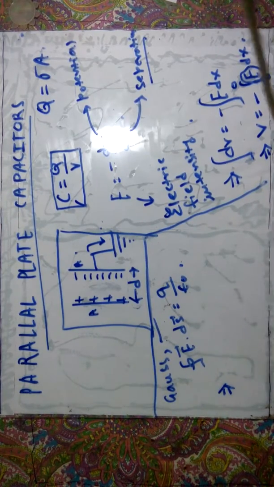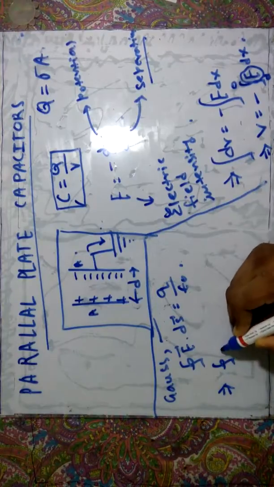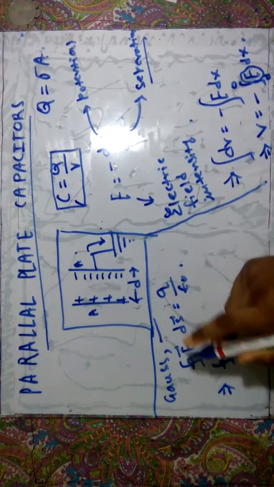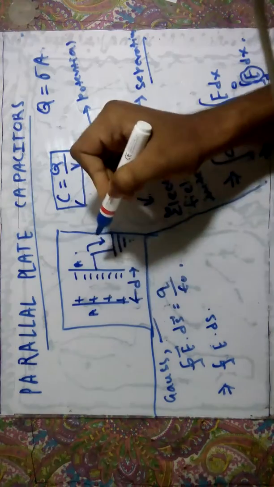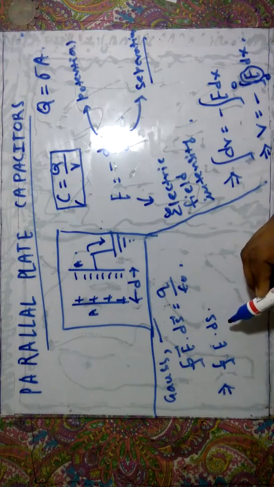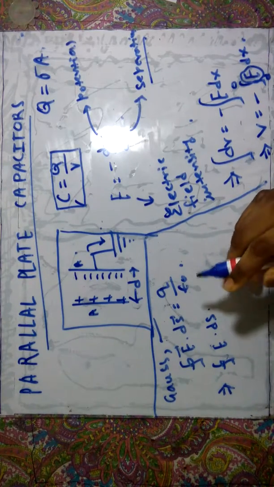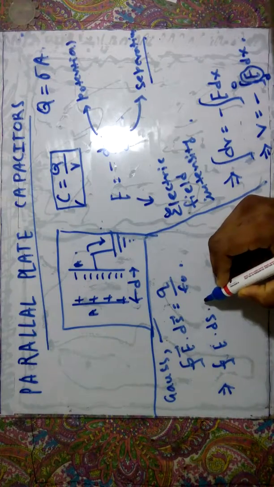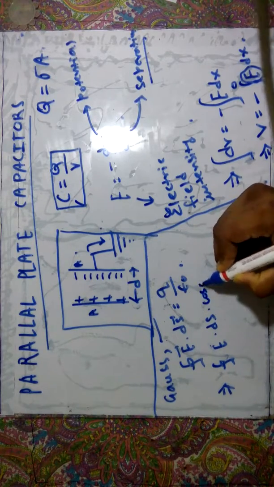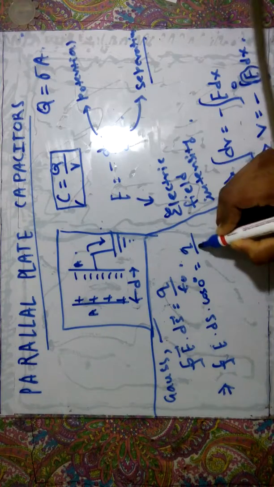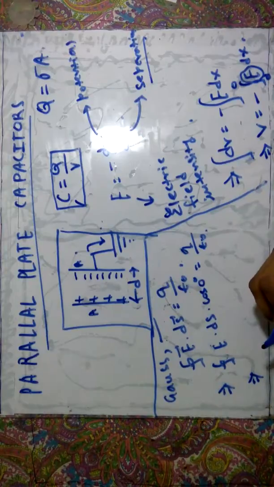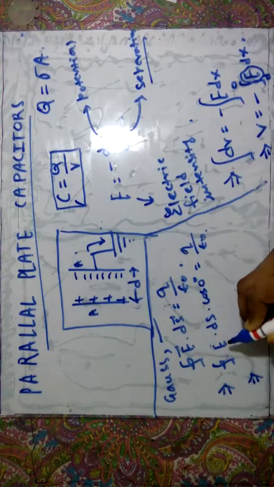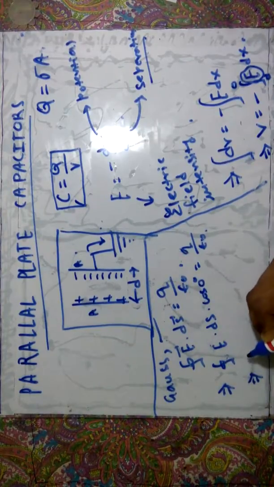Here E and dS are parallel, so we can write cos 0 degrees. Let's treat E as a constant and take it outside the integration.